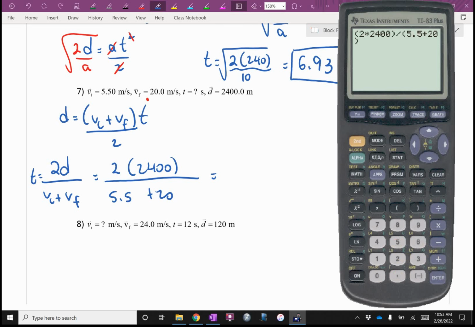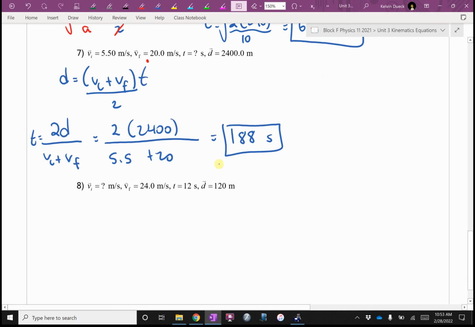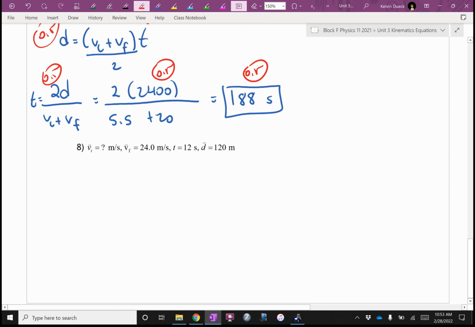And I get 188.2, 188, and that is seconds. Again, half mark for that, half mark for that, half mark for the numbers, half mark for the answer.